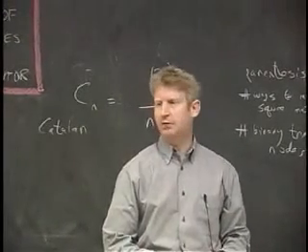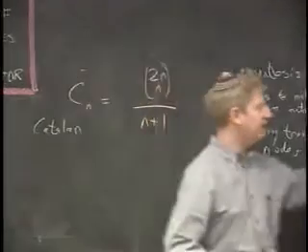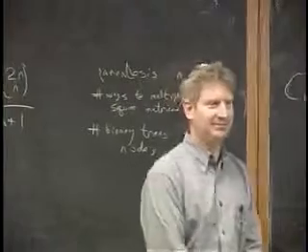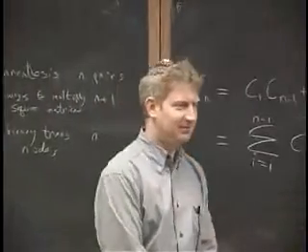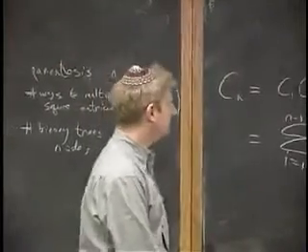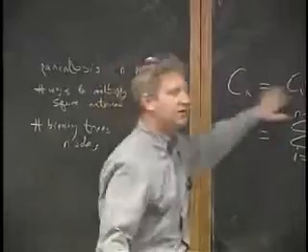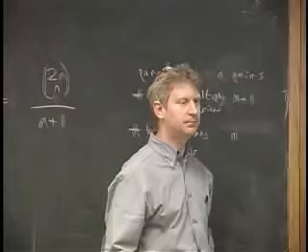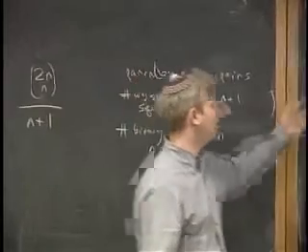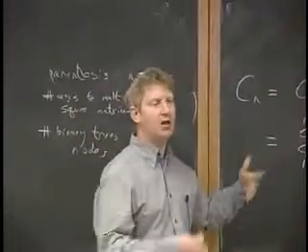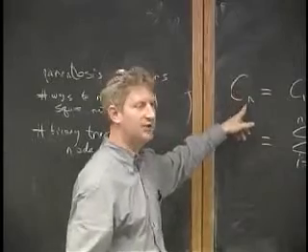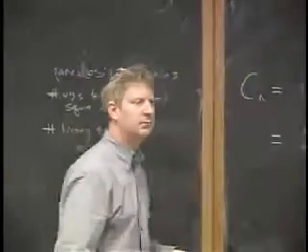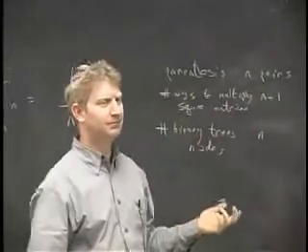Now, do we have the foggiest, vaguest idea of how to solve such a twisted sister? Is this a series of choosing? No, these C's, these Catalan numbers, are the same as the number of ways to balance parentheses of n pairs of parentheses, n minus 1 pairs of parentheses, etc. What do they look like when you write them out?